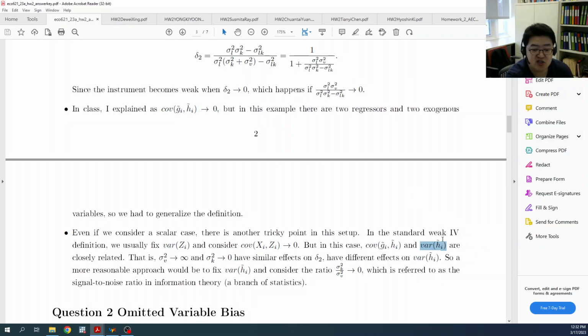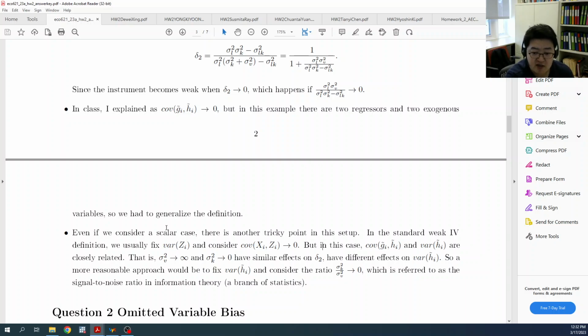The variance of the instrument will change as the covariance goes to 0. So that is not the standard case. In theory, in my lecture note and in most textbooks, they assume that we fix the variance of the instrument and consider covariance goes to 0. But in our case, they are linked together. So you cannot send covariance to 0 without affecting variance.